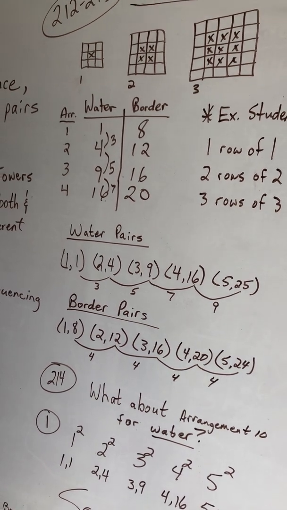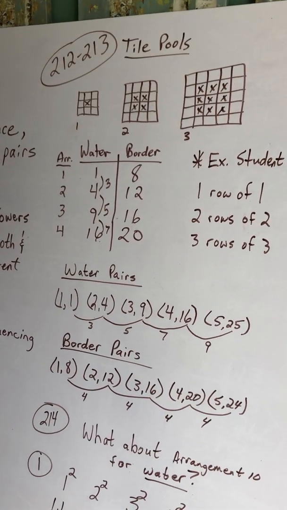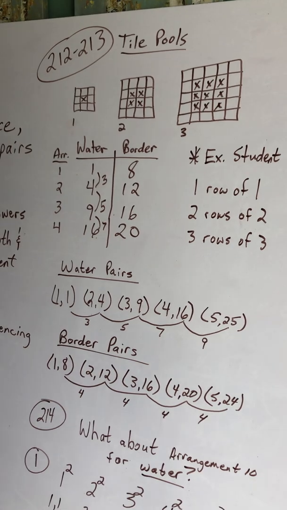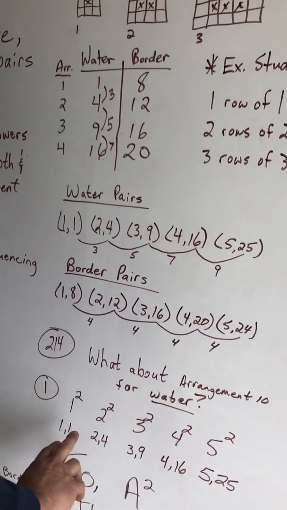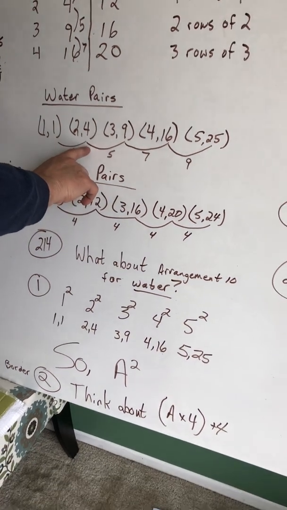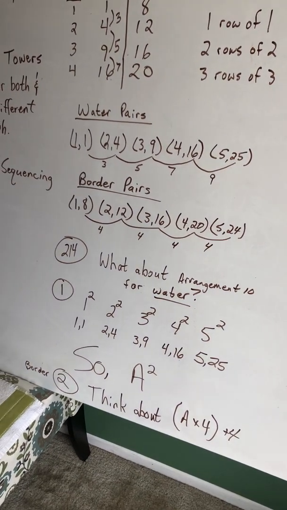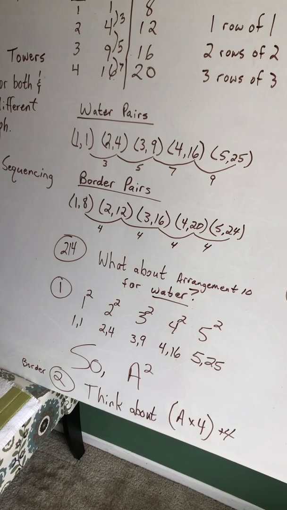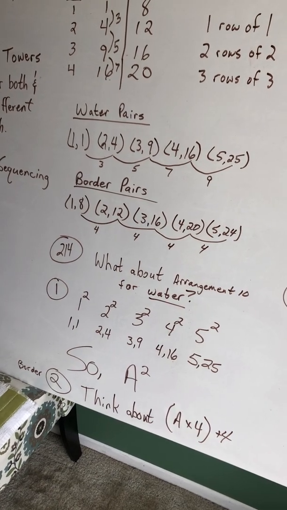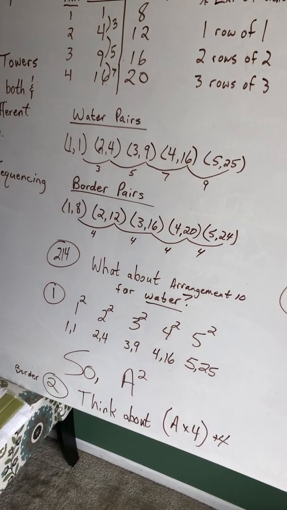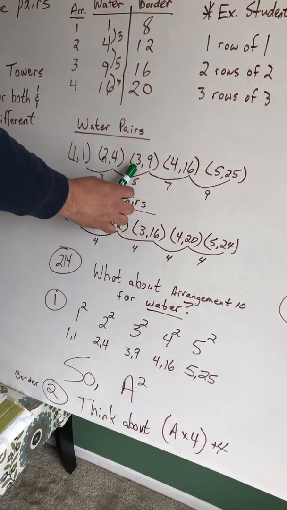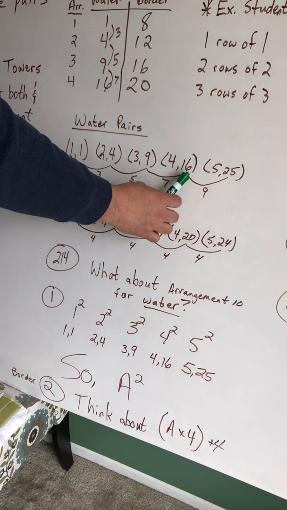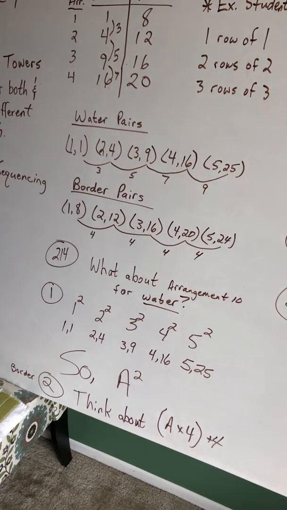So some of you, probably Toby, for instance, you've already figured out way down here that for the water tiles, if you do arrangement squared, you get the number of tiles they're going to use for the water, okay? 1 squared is 1, 2 squared is 4, 3 squared is 9, 4 squared is 16, 5 squared is 25.